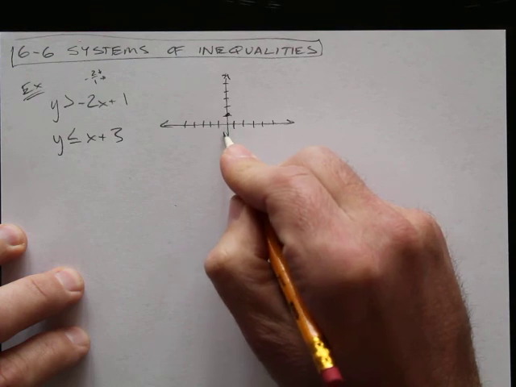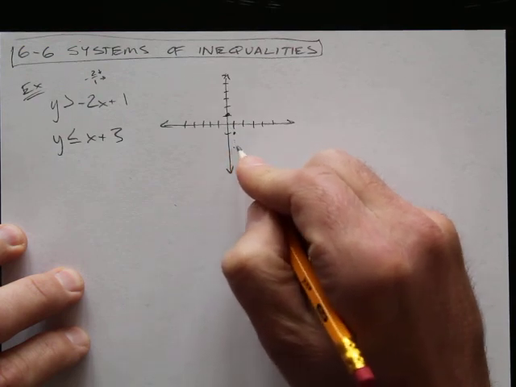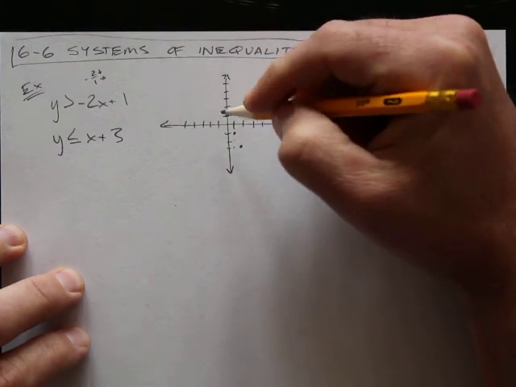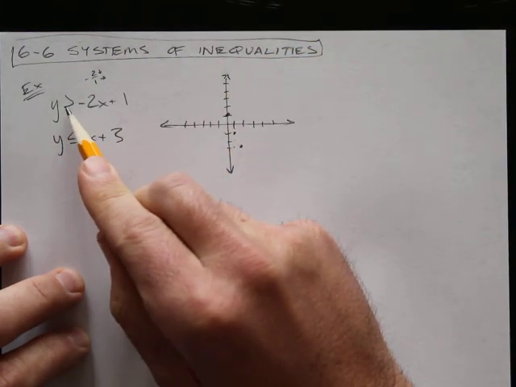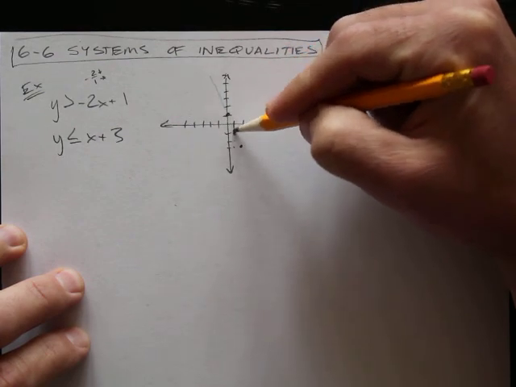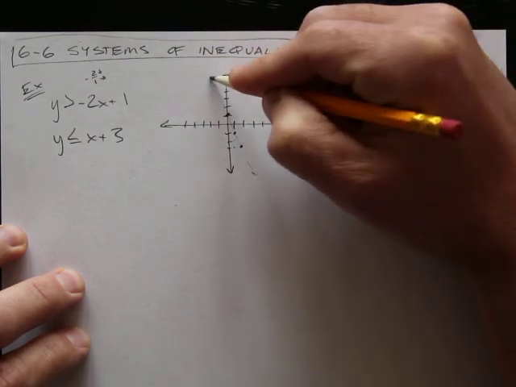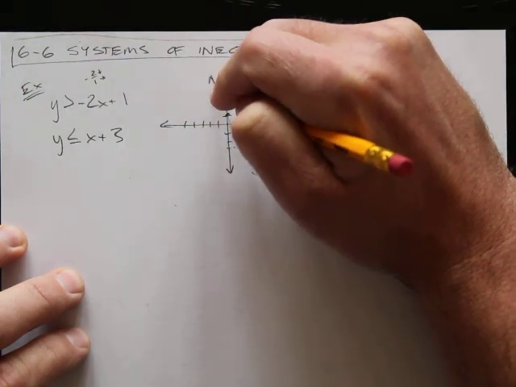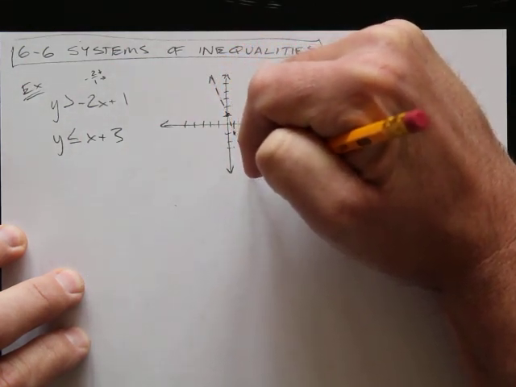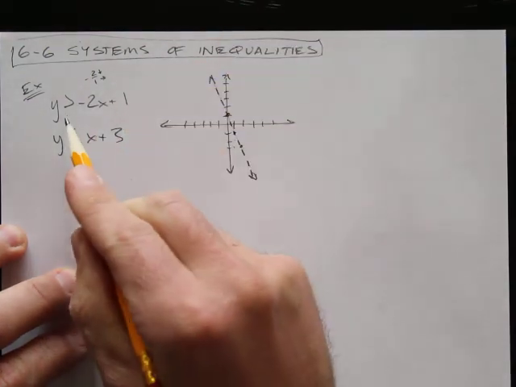So down 2 to the right 1, down 2 to the right 1, and that's enough. Now, this is not or equals to, so this line here that I'm drawing looks like this, but it needs to be dotted because the values on this line are not included. It's not or equals to.